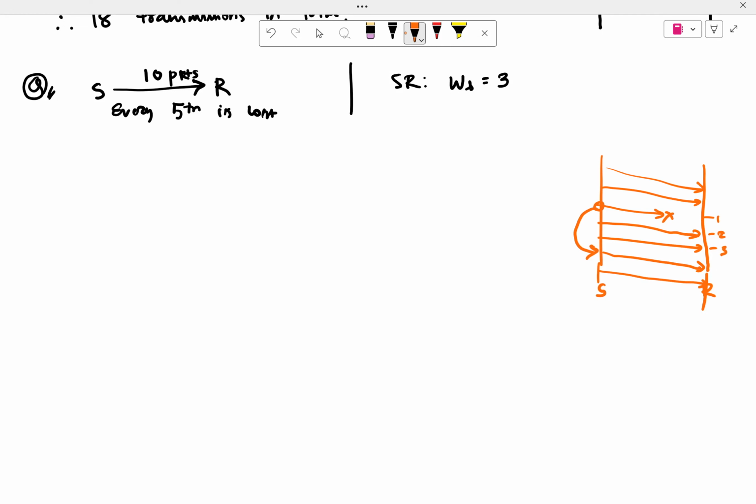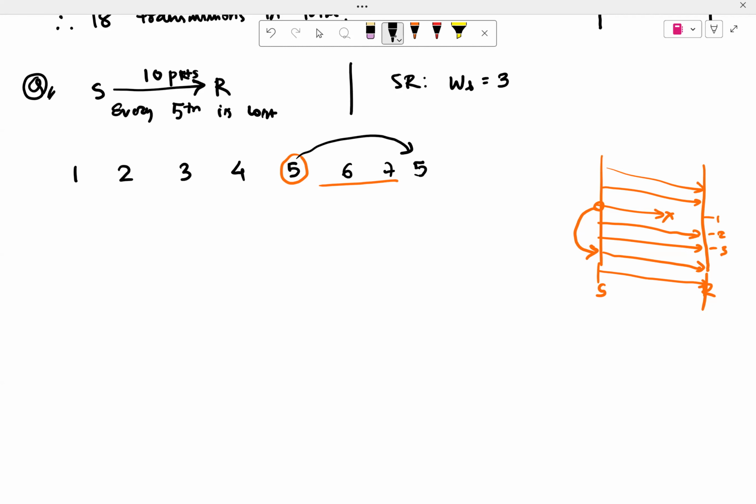If we do that here: first packet, second, third, fourth, fifth. Fifth is lost, we will not know. Sixth, seventh, then we will selectively repeat 5.